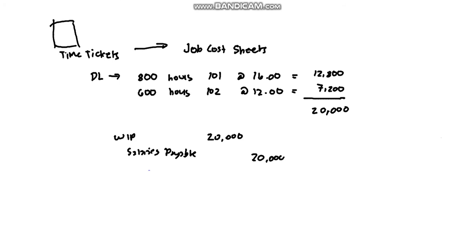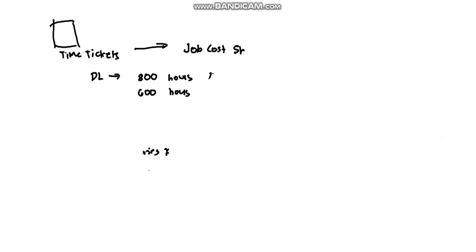So we'll now go to factory overhead. So when you say factory overhead, okay, so I'll just erase this one. When you say factory overhead, that includes all manufacturing costs except direct materials and direct labor. So I'll just label it as FO.